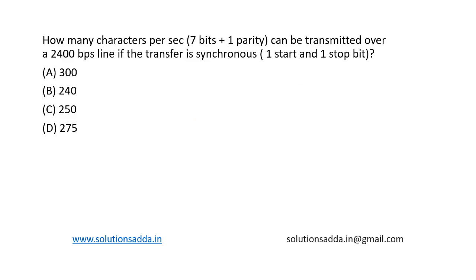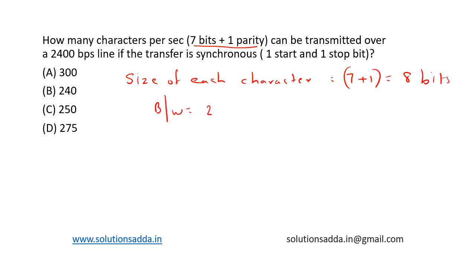This is a question from computer networks. How many characters per second, 7 bits plus 1 parity, can be transmitted over a 2400 bits per second line if the transfer is synchronous? One start and one stop bit. So size of each character is equal to 7 plus 1, which is equal to 8 bits. And the bandwidth is 2400 bits per second.